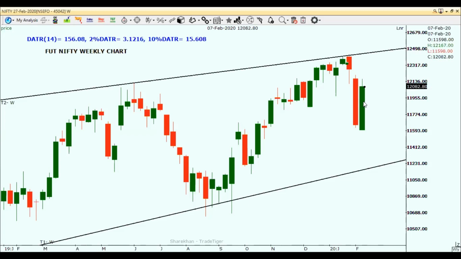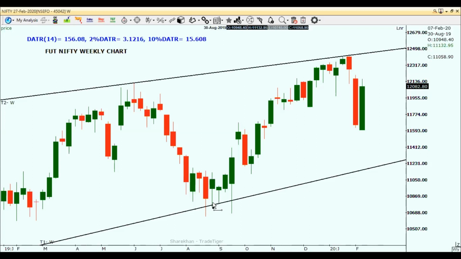The piercing pattern is giving an indication about the recovery in the market, and if the recovery is good enough, then we continue to move towards and hit the top portion of this channel, that is 12,500 levels approximately. If it doesn't succeed, then it may move towards the lower part of the channel. This is what the trend channel is giving us an indication.